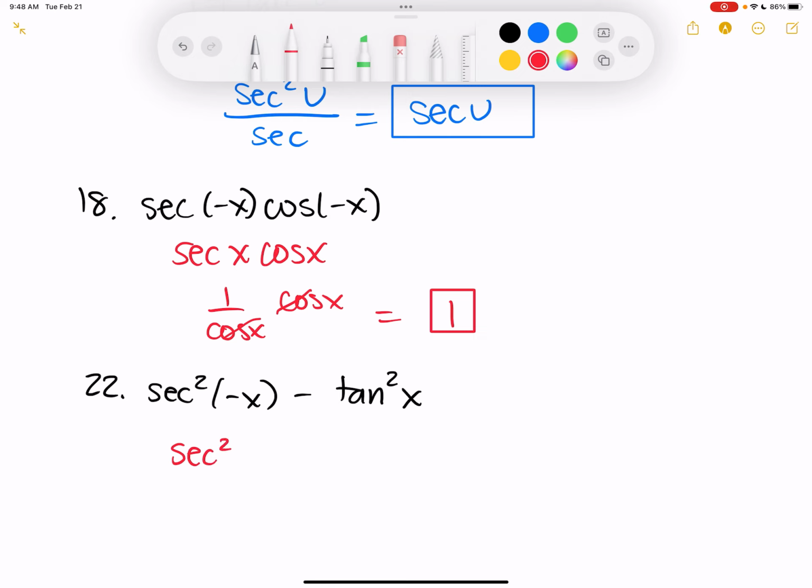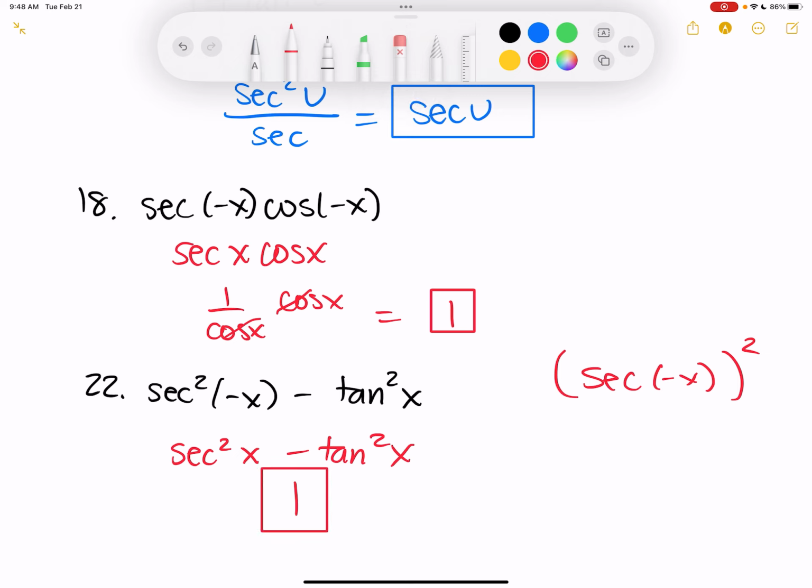Because you can think of this as secant of negative x squared. So yes, you can. So that's going to be secant squared of x minus tangent squared of x. It equals 1. Because of one of the Pythagorean identities, because 1 plus tangent squared equals secant squared. So, switch it around.